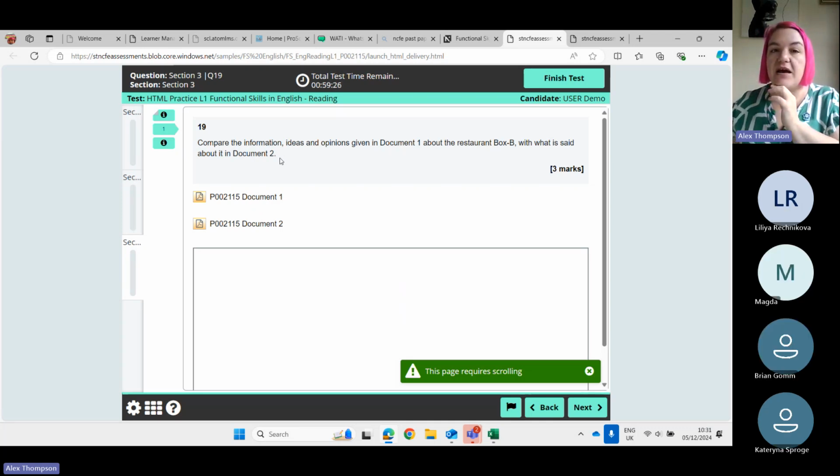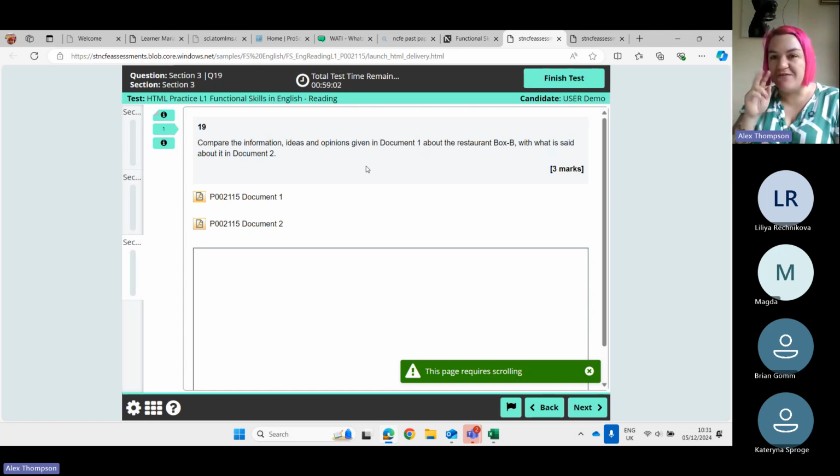So it asks us to compare the information, ideas, and opinions, but for this particular one at level 1, it doesn't ask us to focus too much on the language. It only asks us to focus on the information, ideas, and opinions. I know yesterday we were asked questions about the difference between level 1 and level 2.